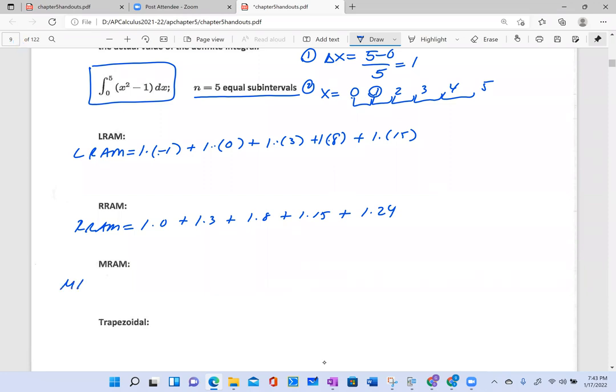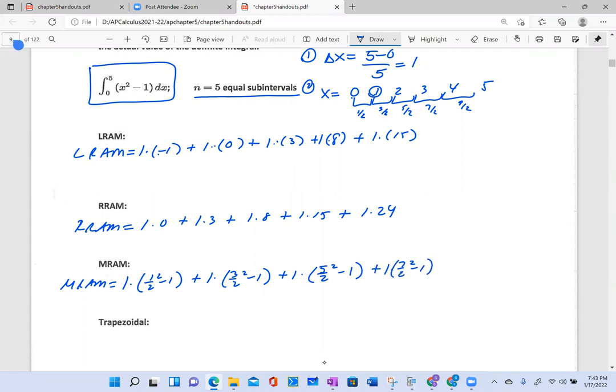The midpoint, I won't simplify these just for the sake of time. It would be a half, 3 halves, 5 halves, 7 halves, and then 9 halves. So it'd be 1 times (1 half) squared minus 1, plus 1 times (3 halves) squared minus 1, plus 1 times (5 halves) squared minus 1, plus 1 times (7 halves) squared minus 1, plus 1 times (9 halves) squared minus 1.